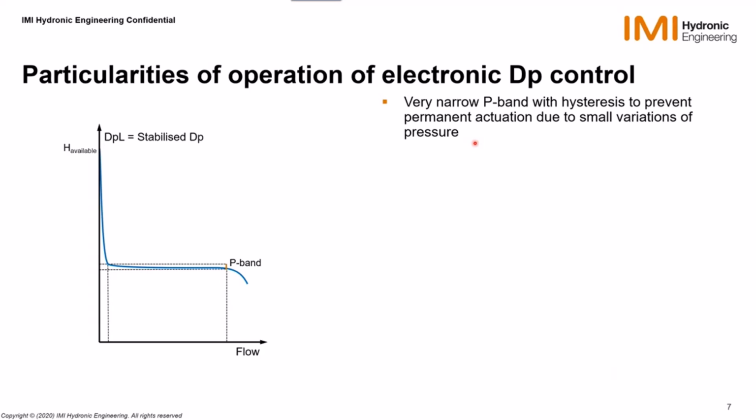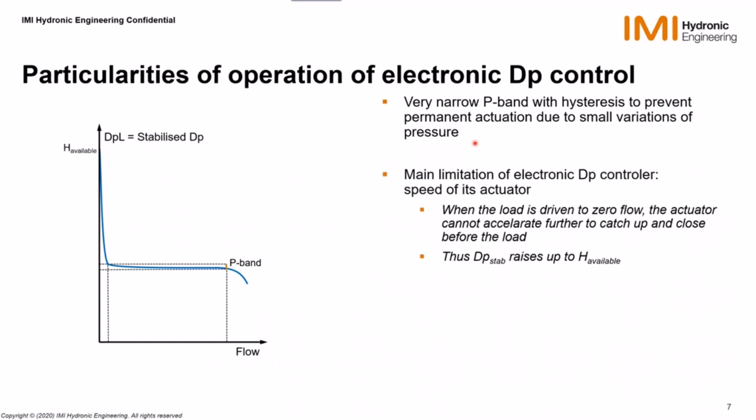And it is the same, obviously, when you get a sensor sensing the stabilized DP between supply and return, you get the reading that goes up and down by little amounts, but still, if we would not cut a little bit the reaction of the TSMAR DP at some point, the actuator would permanently move, and that would kill it away over time. So there is some amount of hysteresis, but a very narrow P band.